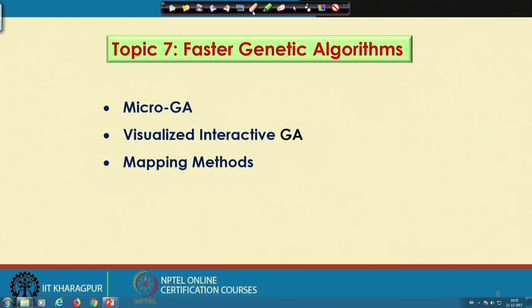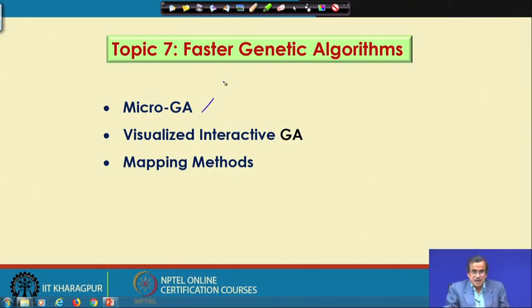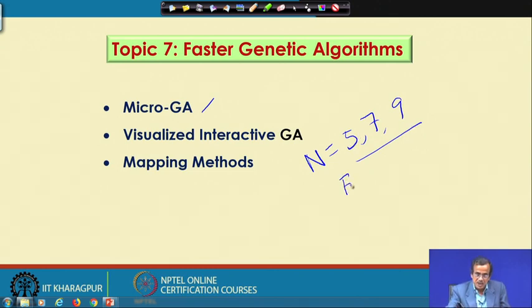This micro GA is a typical genetic algorithm where we use a small population size, and generally this population size is kept equal to say 5, 7, 9, some odd value. Here we take the concept of elitism, and this is a small population genetic algorithm.